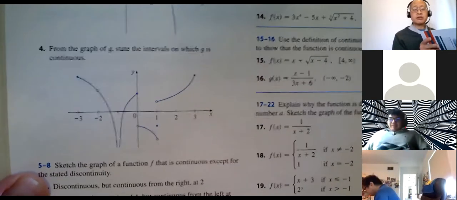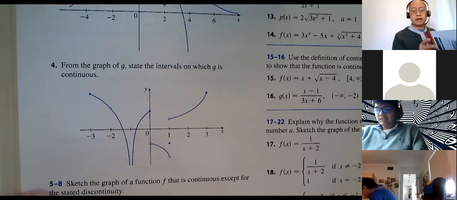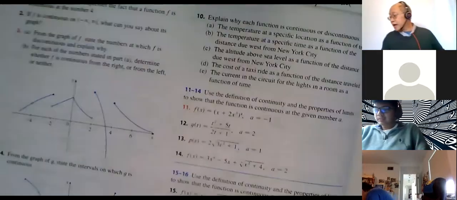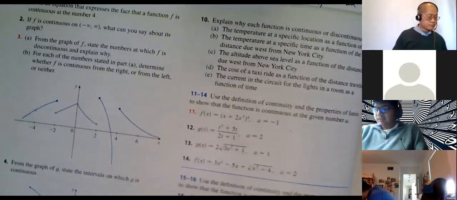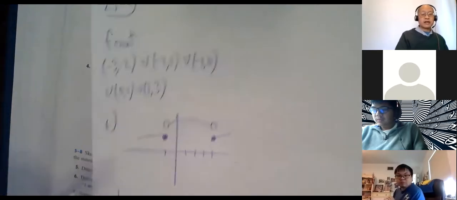So to write intervals where it's continuous, well, you just put open intervals everywhere else. So let me show you how you write the answer to number 4. I'm going to write it like this.